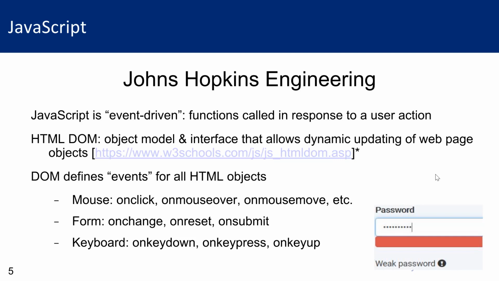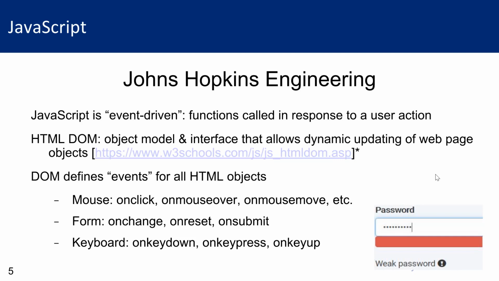It's a lot of words to say model and interface and dynamic updating, so please take a look at this link, and I think it puts it in pretty easy to understand words. But it's the mechanism by which JavaScript is able to access the different objects on an HTML page and then modify them accordingly.